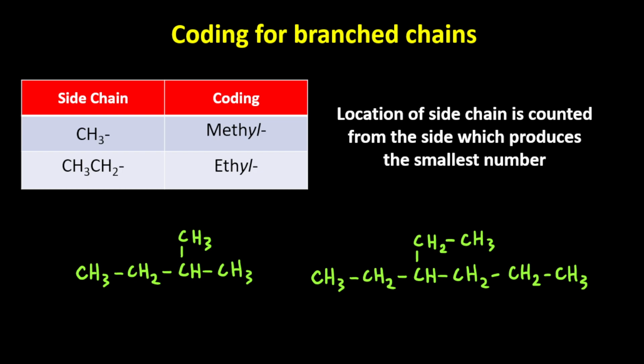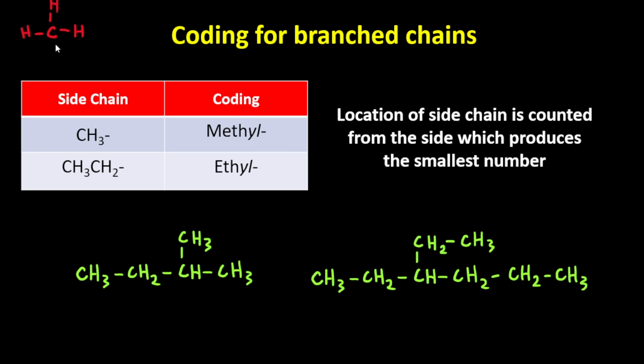So one other thing for us to learn is the branch chains. Okay, so your methane is simply CH4. But in the case where we remove one H and try to attach this group into a long chain, this little group or branch becomes something called methyl.